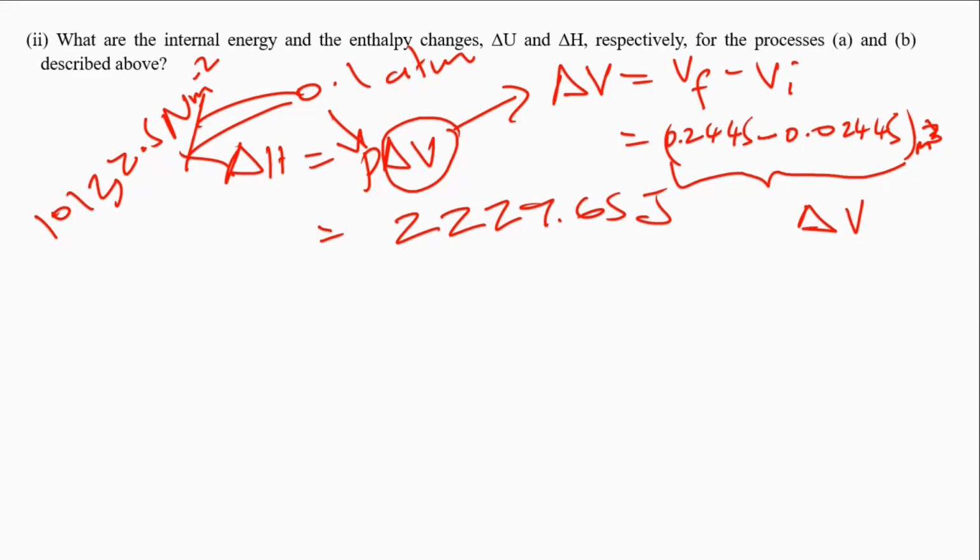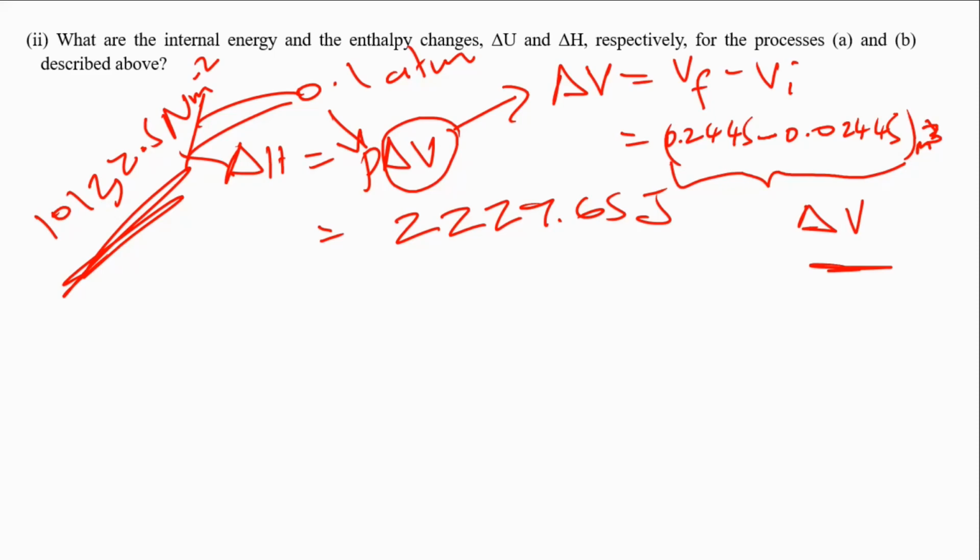So we know we already calculated delta V, and we know the pressure at which there was this expansion for the irreversible system. And there was also expansion for the reversible system. And so that's why we use the 0.1. When we work that out, we got a value of 2,229.65 joules.